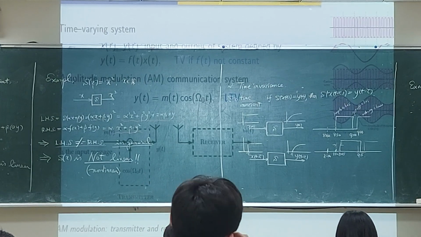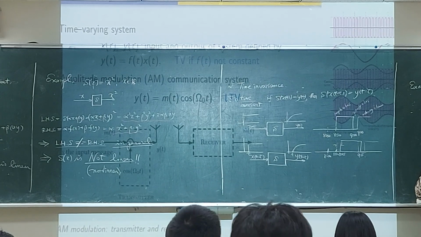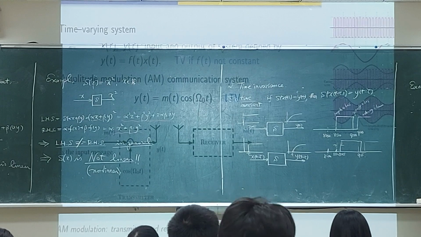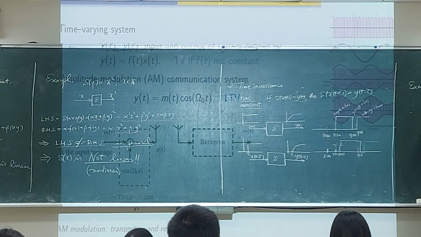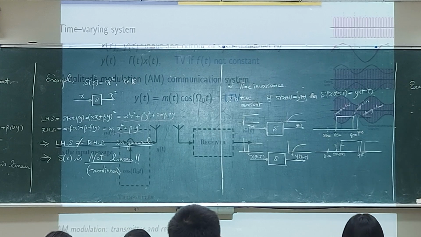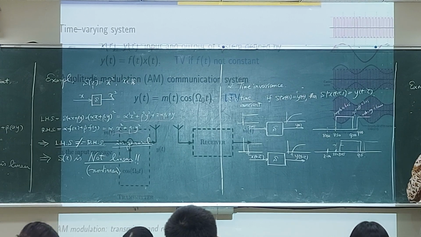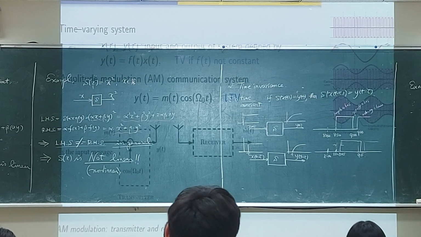All right, so here we can see the very simple amplitude modulation. Once you open your laptop, please run MATLAB. Follow my command. It's very simple. So let's define a time sequence first.